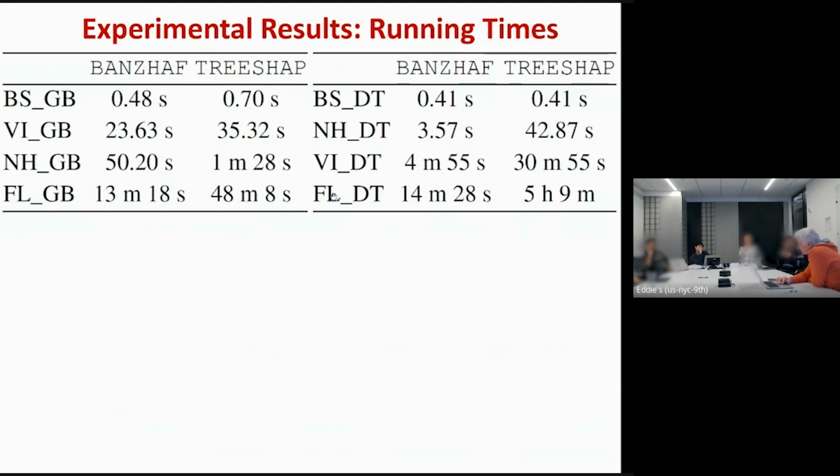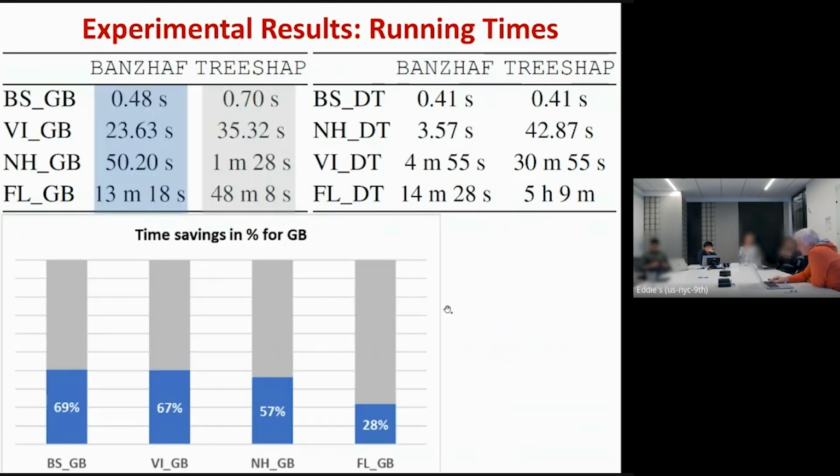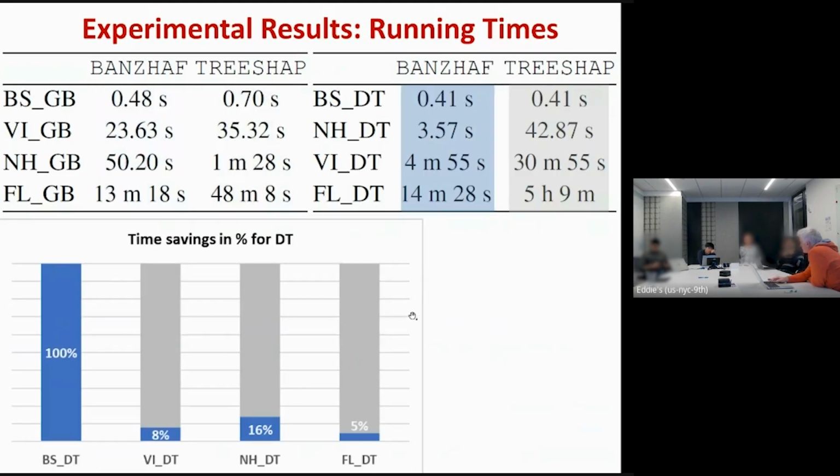This is where the difference comes from, because the Shapley value has depth squared complexity. So you get considerable time savings for the gradient boosting decision trees and even more for the sklearn decision trees.